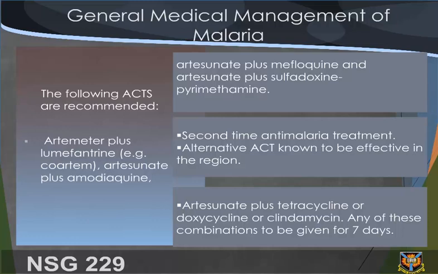Second-line anti-malaria treatment. Alternative ACT, known to be effective in the region: artesunate plus tetracycline or doxycycline or clindamycin. Any of these combinations to be given for 7 days.